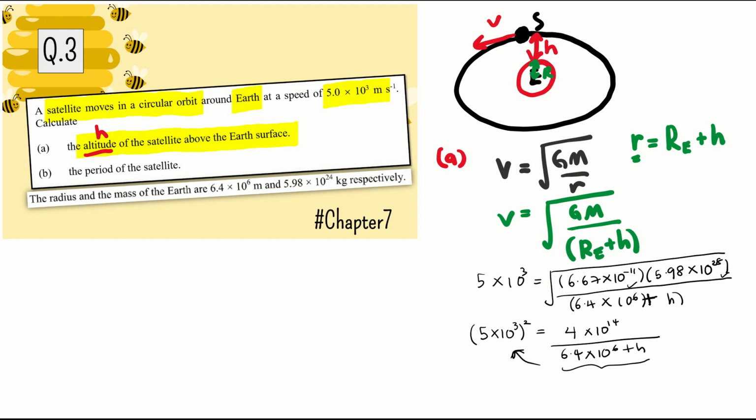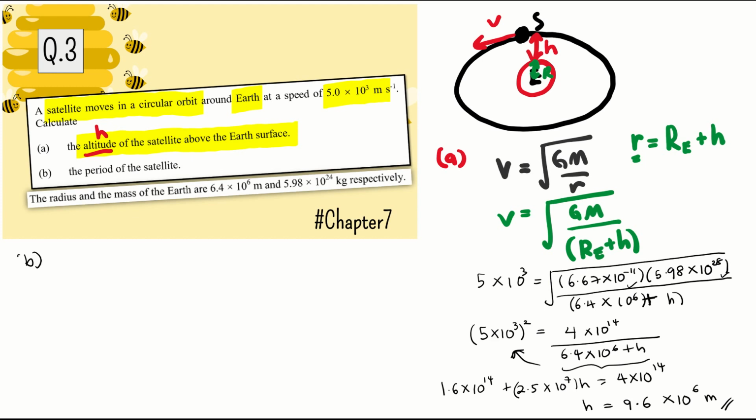Then we'll have 1.6 times 10 to 14 plus 2.5 times 10 to 7 h equal to 4 times 10 to 14. And finally, h is equal to 9.6 times 10 to 6 meters.